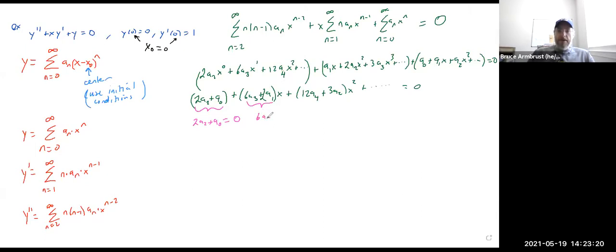Similarly, I know 6 a3 plus 2 a1 is going to have to equal 0, and also 12 a4 plus 3 a2 is going to have to equal 0, and a whole bunch more. If I wanted to, I could have found more of them. So basically this leads to a system of equations. Let's start breaking this apart and figuring out what those different a's are.